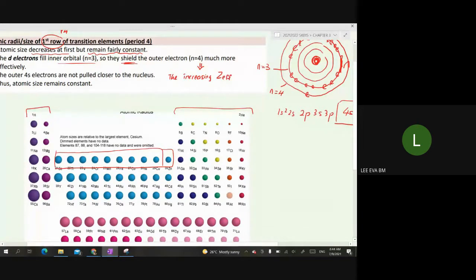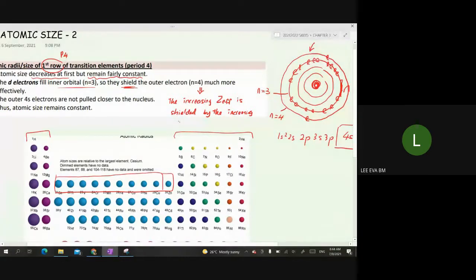The increasing Z effective is shielded by the increasing shielding effect, increasing inner electrons. So both are increasing at the same time, so the effect is not very strong. So you will see the size remains fairly constant.